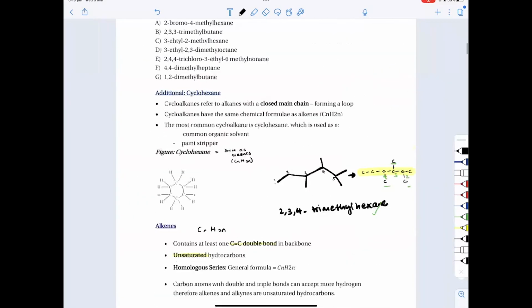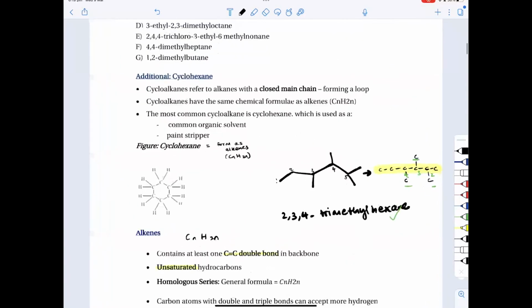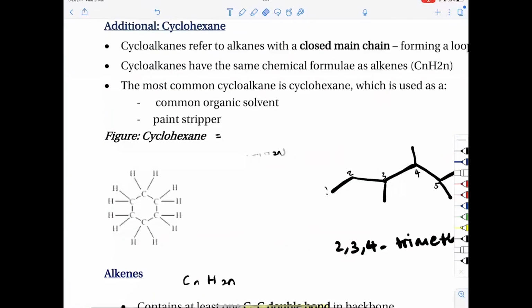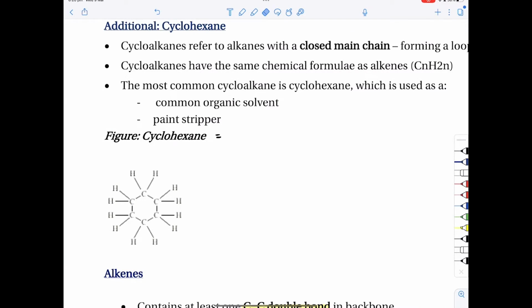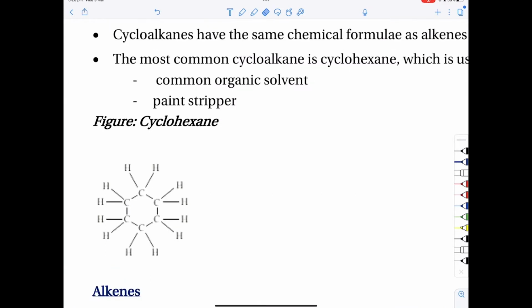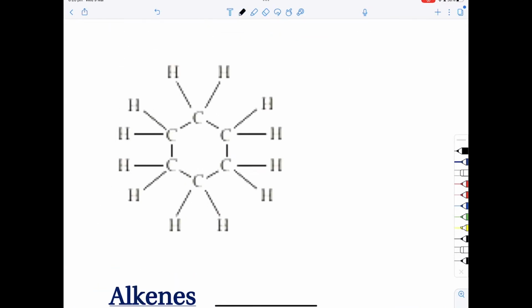All right, on that note, we'll touch upon cyclic hydrocarbons. There's not much to mention just now, but I want you to understand that cyclic hydrocarbons occur when the main chain forms a continuous loop, as you can see here. There's no start or finish.